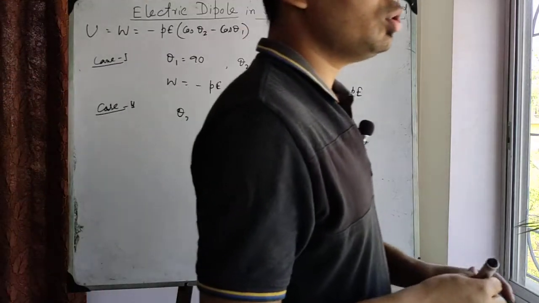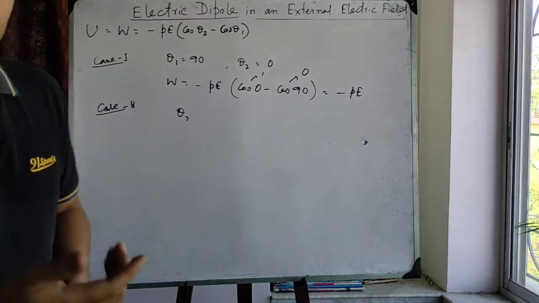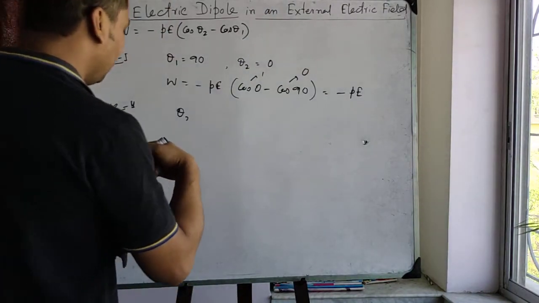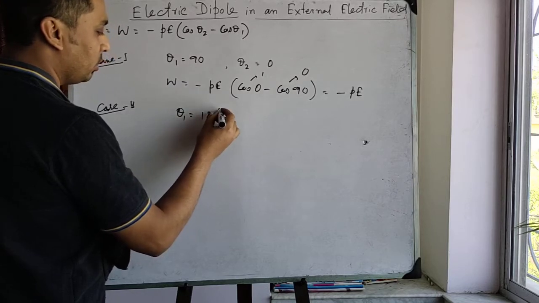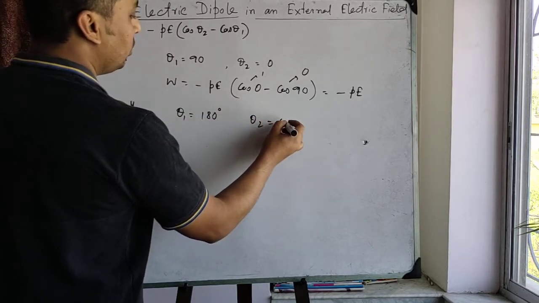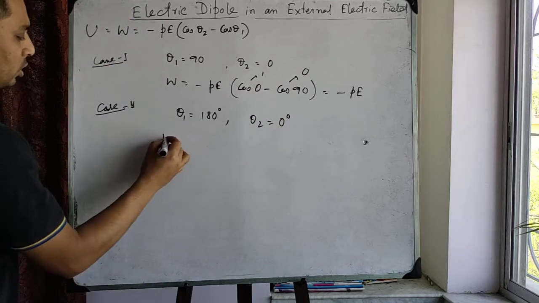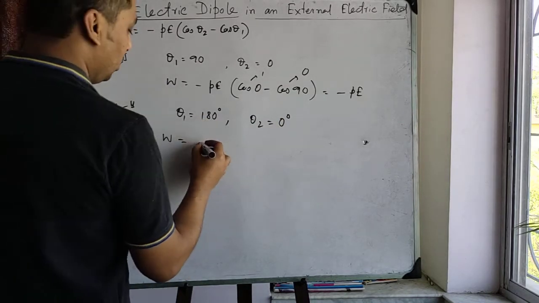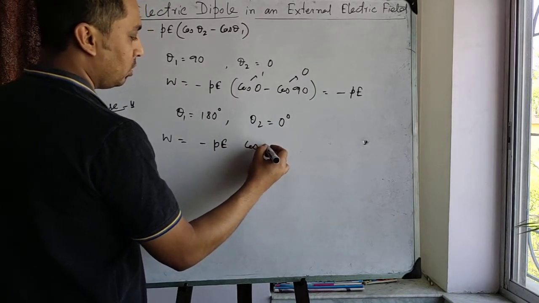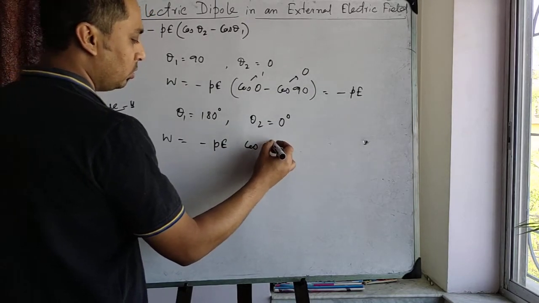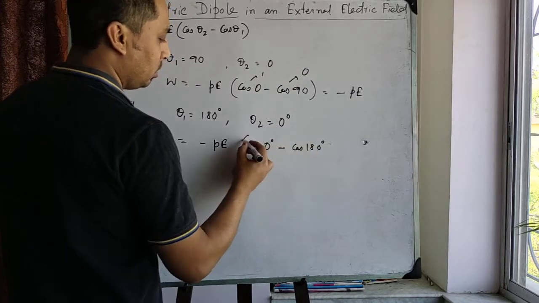Now what is the work done to rotate the dipole from unstable equilibrium to stable equilibrium? Unstable equilibrium means theta 1 equal to 180 degree and theta 2 equal to 0 degree. The work done is minus PE times cos theta 2, that is cos 0, minus cos 180 degree.